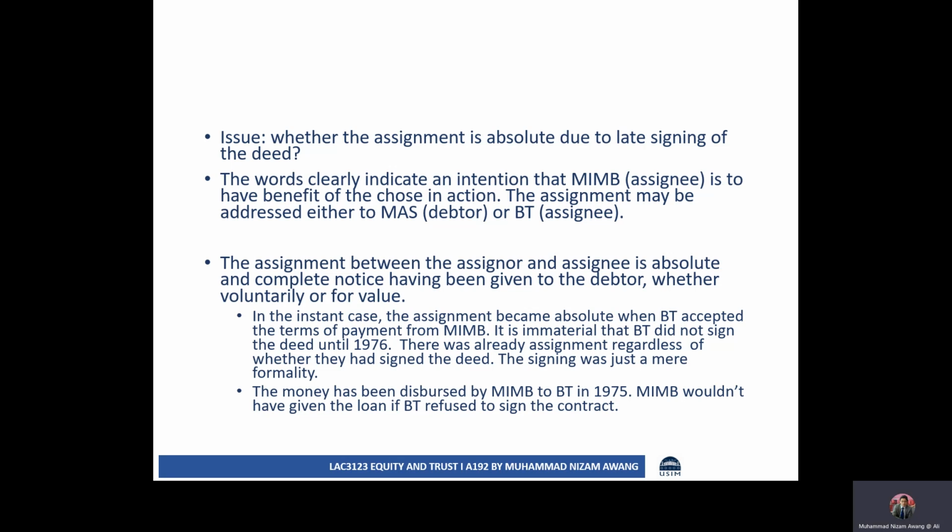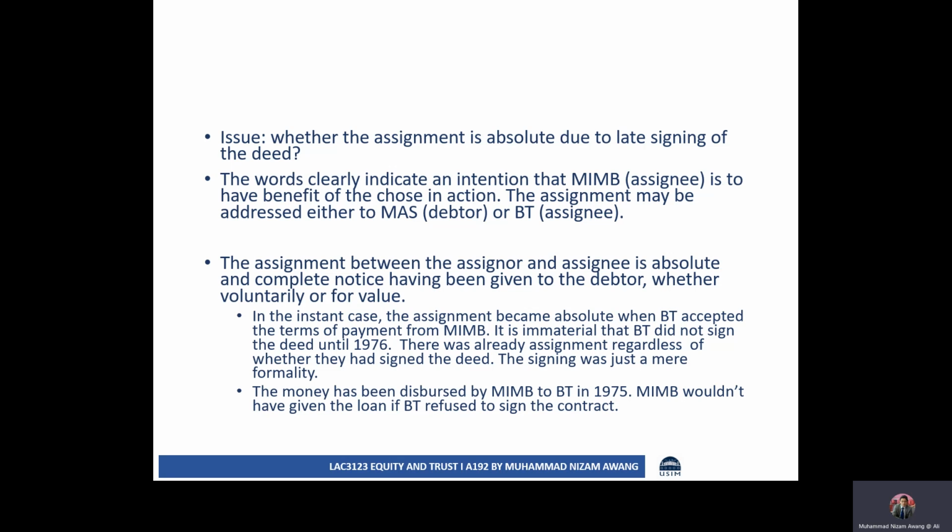The assignment is already absolute. So it is not important whether Bahagia Trading signed the deed later in 1976. The signing of the deed was just a formality because the assignment is already there.